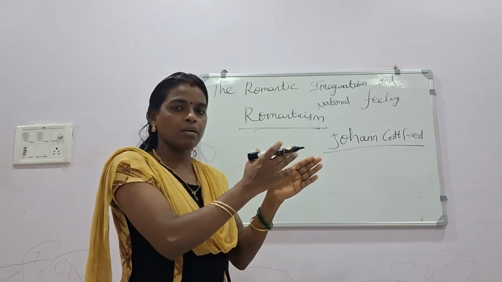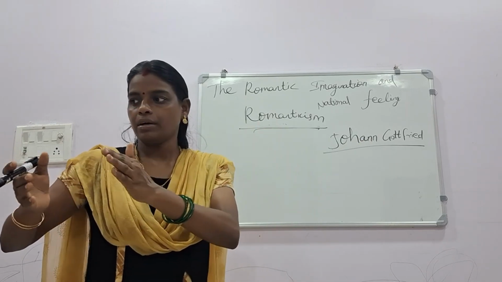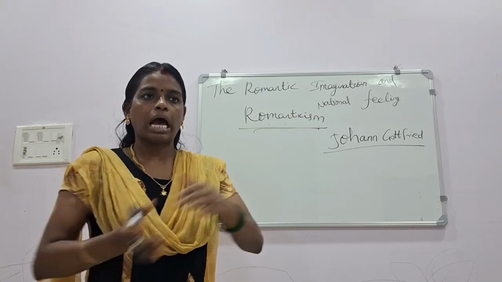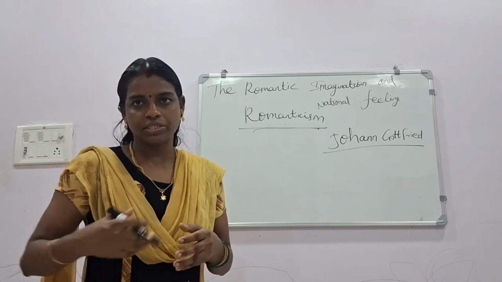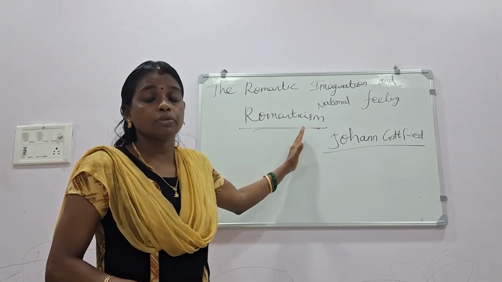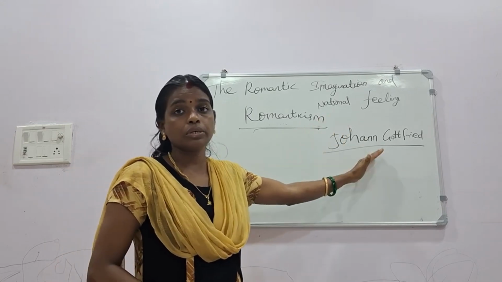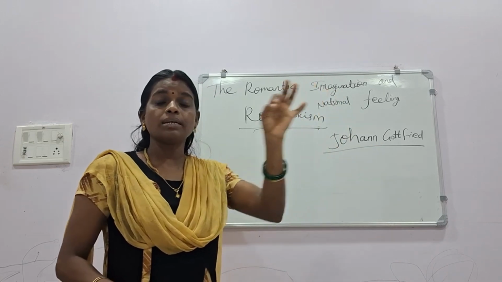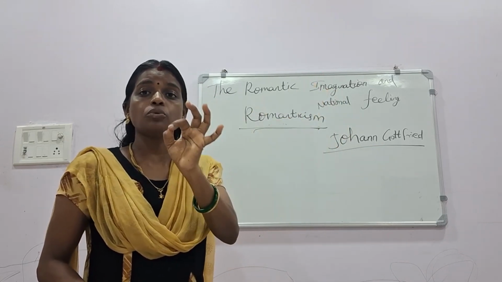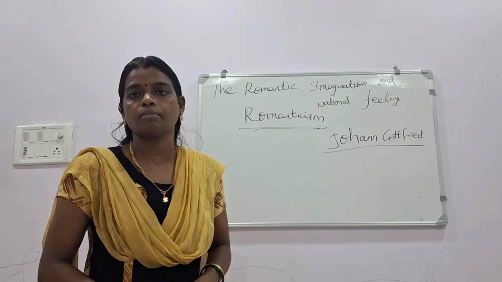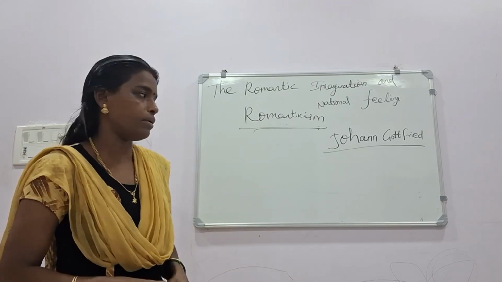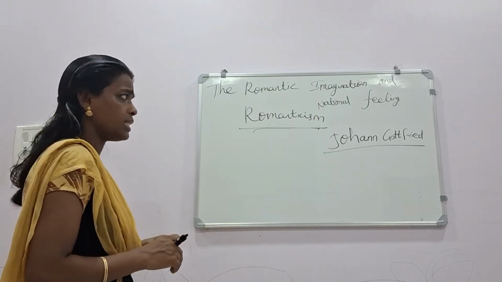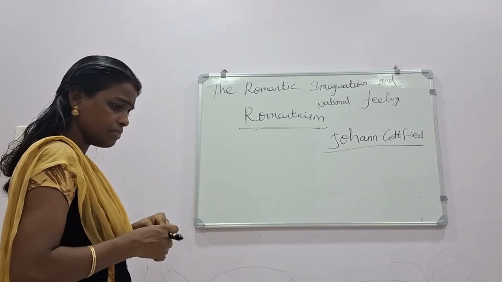We have rich people, middle class people, poor people, haves and have-nots, many divisions in the society. But the German philosopher Johann Gottfried believed the real, true German culture existed among the common people. That he stated.